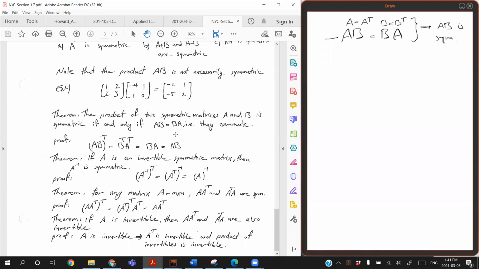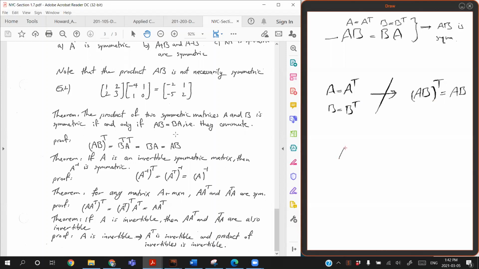Okay, do you understand the theorem? So we can say in general, A is equal to A transpose and B is equal to B transpose. These two do not imply that AB transpose is equal to AB. So in general, for two symmetric matrices, the product is not necessarily symmetric.